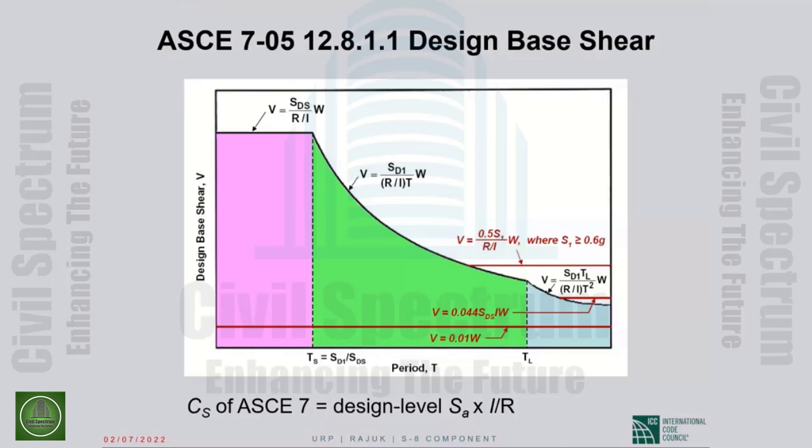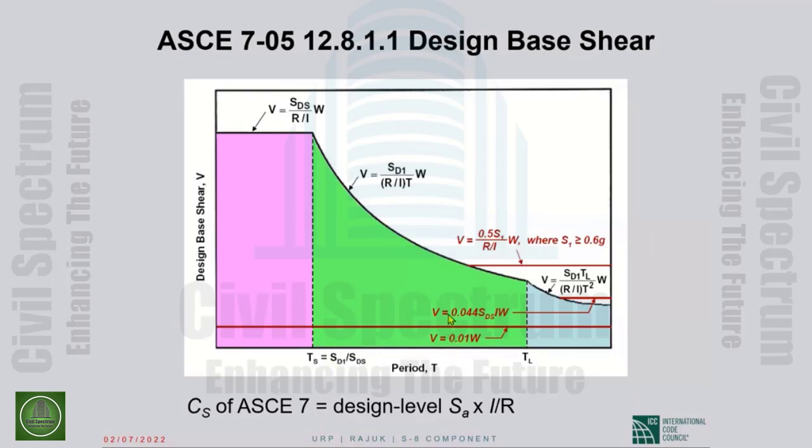And we do not want to design for 0 or very low base shear. So we impose minimum values of design base shear. In ASCE 7, there are 2 different minimum values.